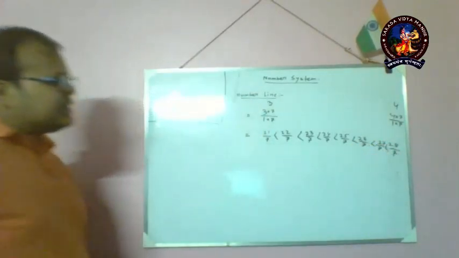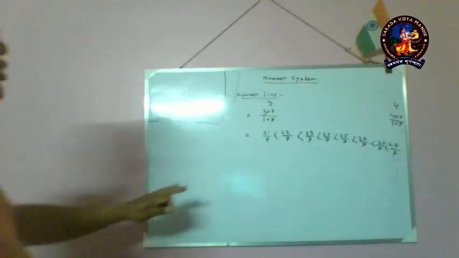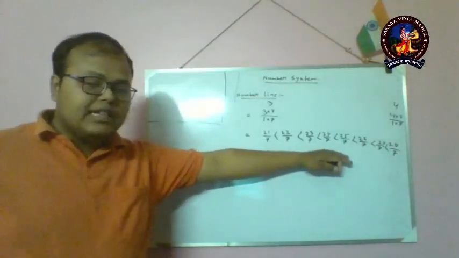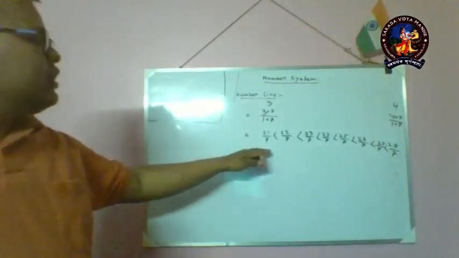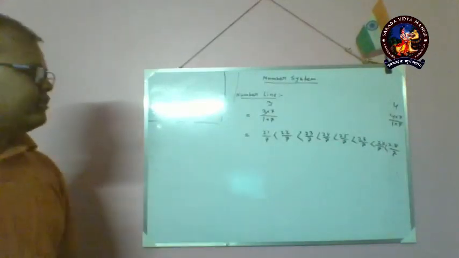These 6 numbers will be there between them. So it is the best way to find the 6 rational numbers between two consecutive integers or two rational numbers that will be given. So we can do that.